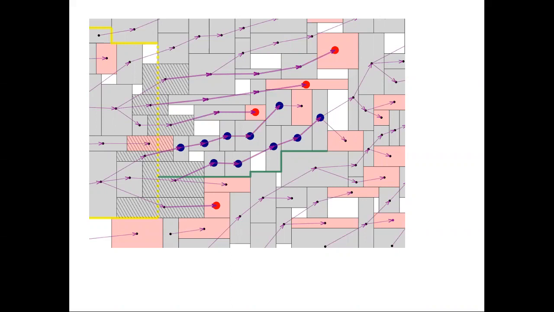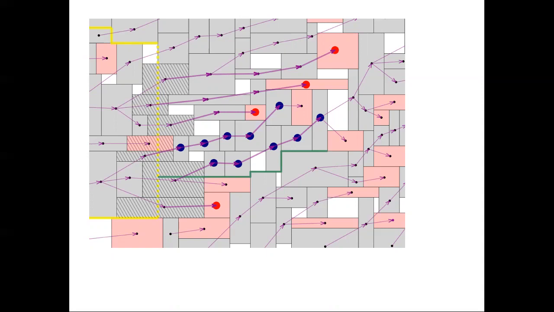First I need to mention that to any set of maximal rectangles, we can associate this kind of tree structure that you see here. There is a directed edge from one rectangle to another one if the first rectangle sees the second rectangle.